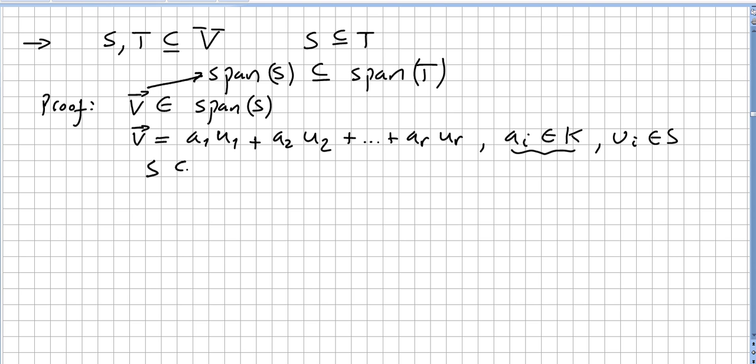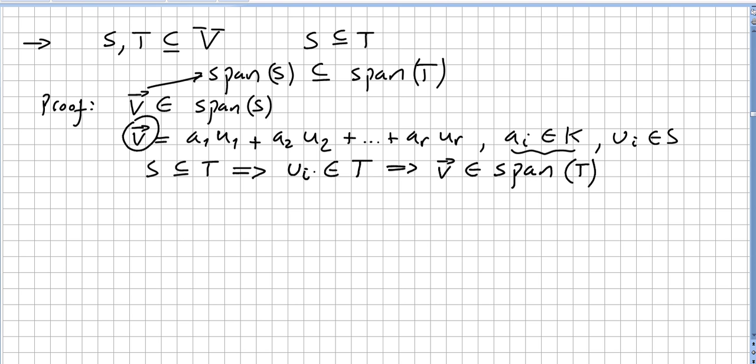But we cannot forget that S is a subset of T. So, since S is a subset of T, we can say that all these vectors u1, u2, etc., so ui, will all be in T. So if all vectors u are in T, we can say that this vector V that we picked is also in the span of T, right?